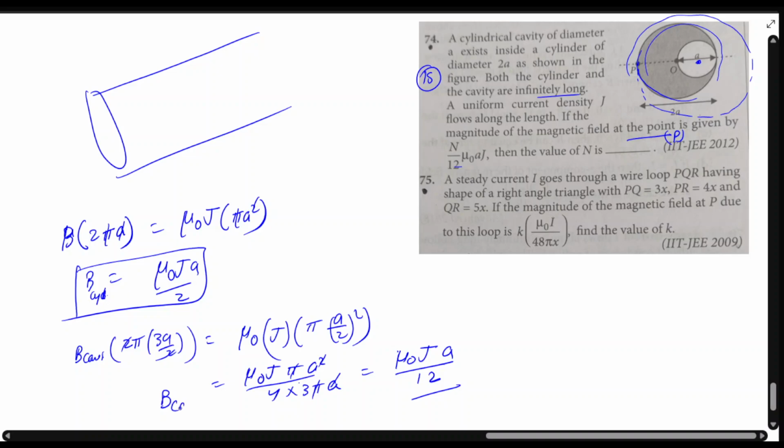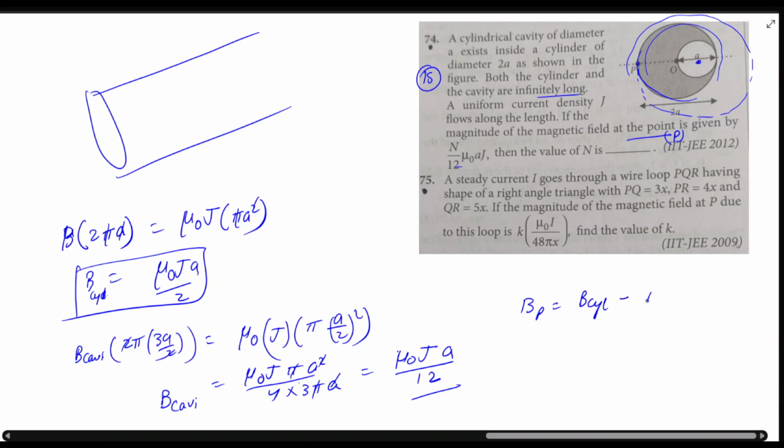And we have to subtract this because this is a cavity. So B at P will be B due to cylinder minus B due to cavity. So it will be mu naught J a by 2 minus mu naught J a by 12. So 12 will be the LCM, so it will be 6 minus 1. So it will be 5 mu naught J a by 12, right? So N will be 5, right?